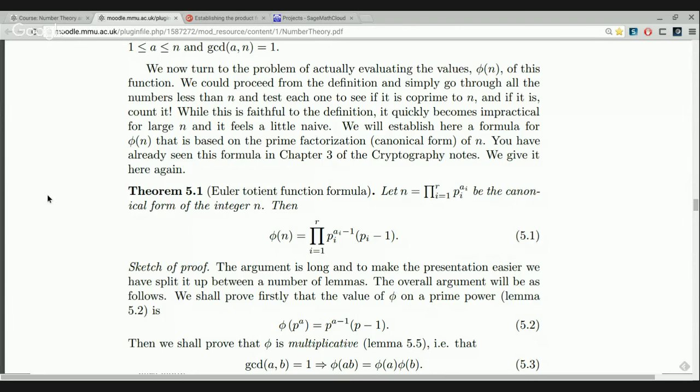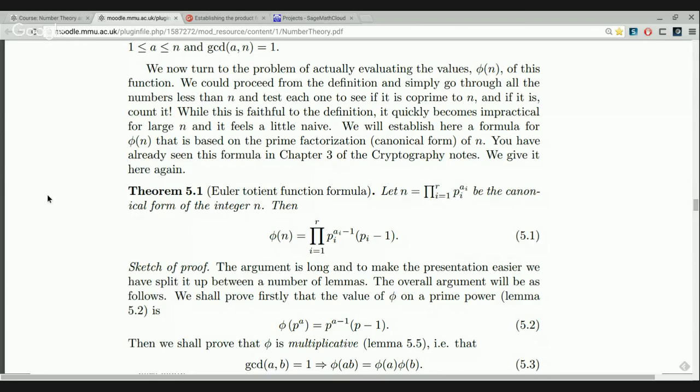So phi being multiplicative means this is true for every pair a and b whenever the greatest common divisor of a and b is equal to 1.